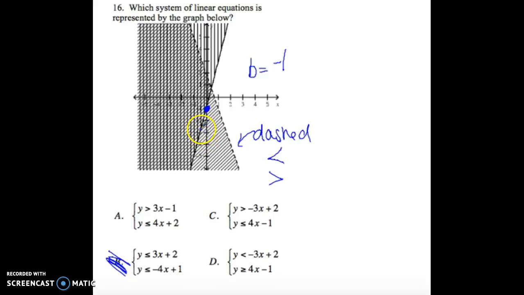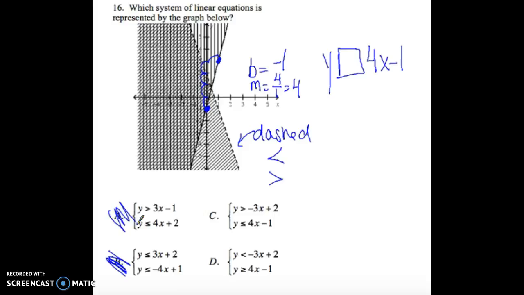Then I found another ordered pair. This looks like a good one. I went up 1, 2, 3, 4 over 1, so my slope was 4 over 1, which was just 4. So for my solid line, it's y equals 4x minus 1. The only one I can get rid of is A because that's 4x plus 2.